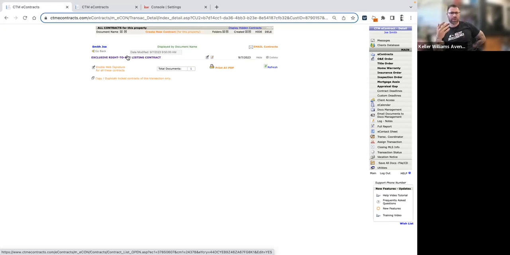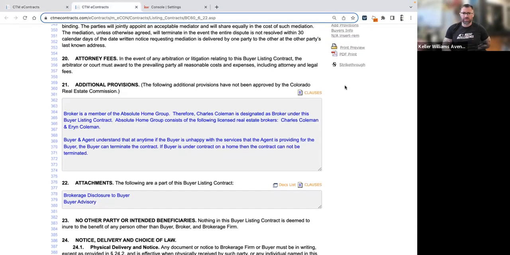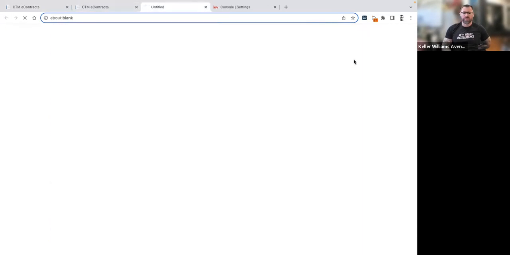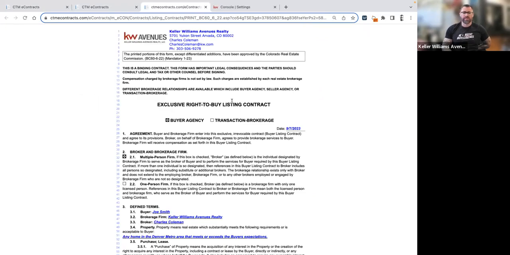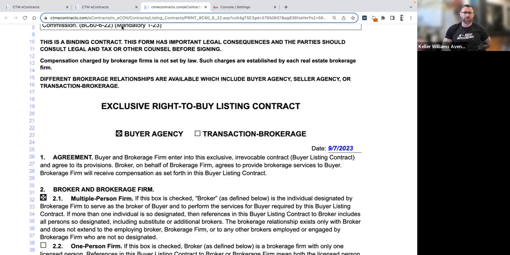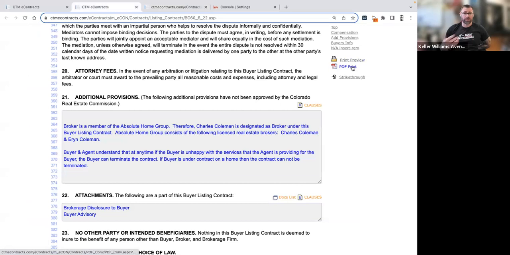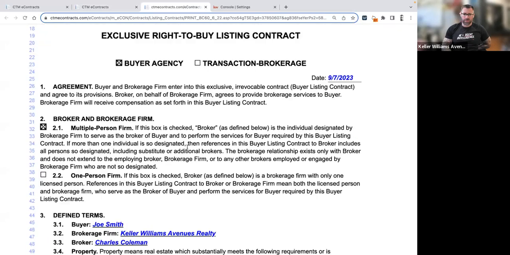And then you can see, okay, cool, this is how it looks when I get it. This is what the email looks like when it comes through. This is what my clients can sign. One of the nuancy pieces, so check this out: this print preview is actually how it shows up to your client. I showed you the PDF print for yourself to look at to make sure you didn't miss anything, but this is how the print preview looks.